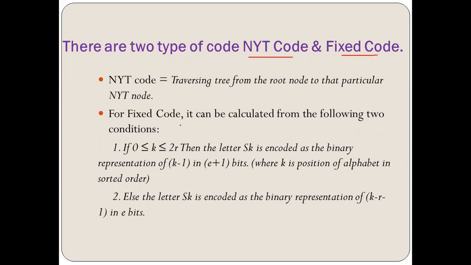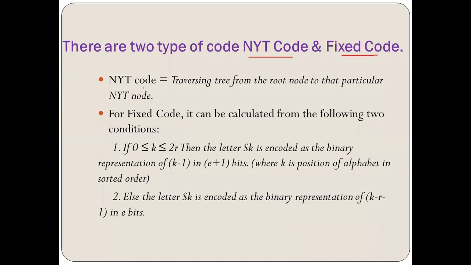Just understand each and everything, and then we are going to jump to the algorithm, because without understanding these terms, terminologies and formulas, it will be difficult to apply the algorithm. So we are going to understand the basic terminologies.